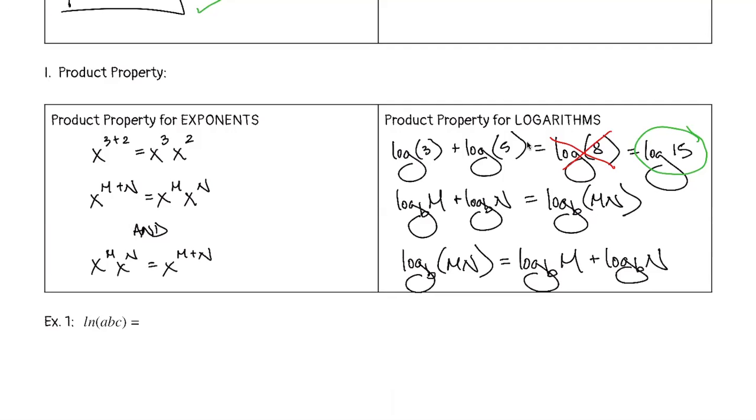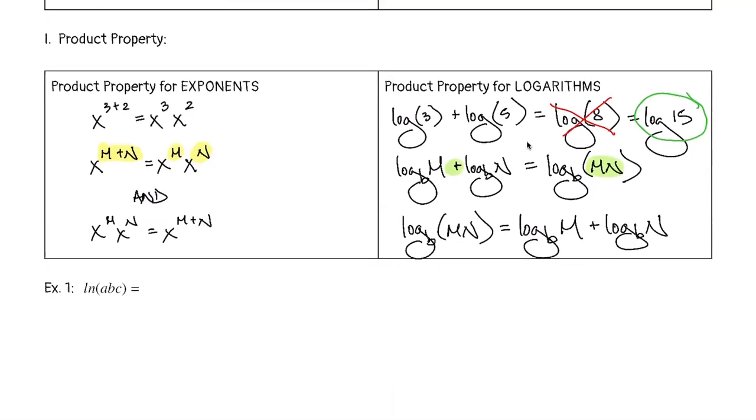Now, the reason why I wanted to show us the parallel property in exponents is because we see a lot of this same structure, that when we're adding, it becomes this multiplication situation.